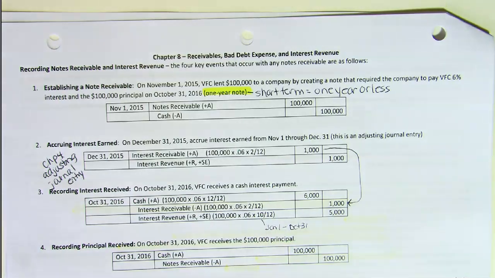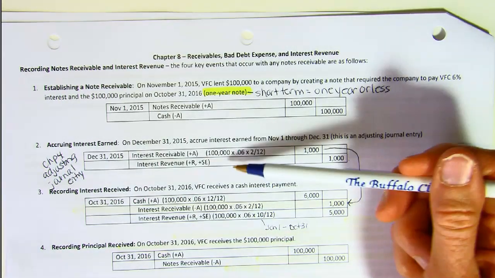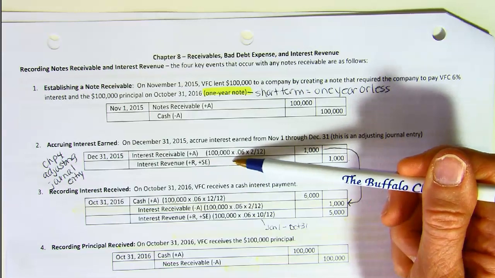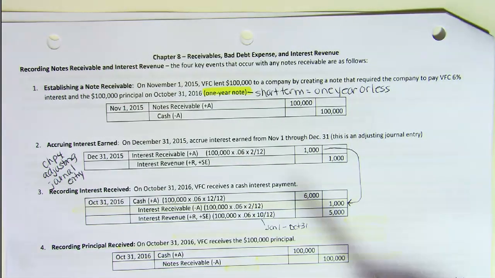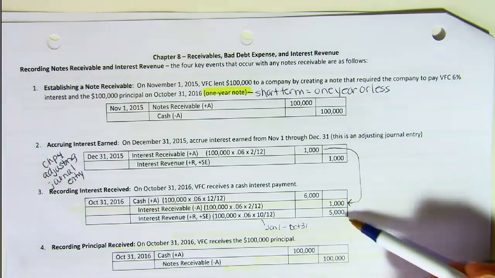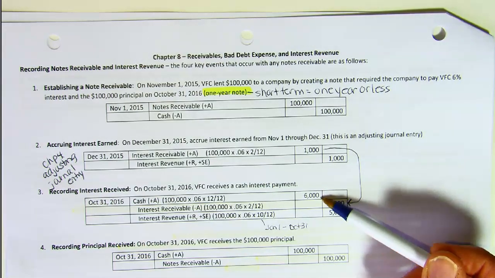So we split the interest in two parts. The interest earned last year gets recorded December 31st of 2015, and the interest earned this year gets recorded October 31st of 2016. So this is the other 10 months. Together, they add up to the full year's worth of interest that we've earned.